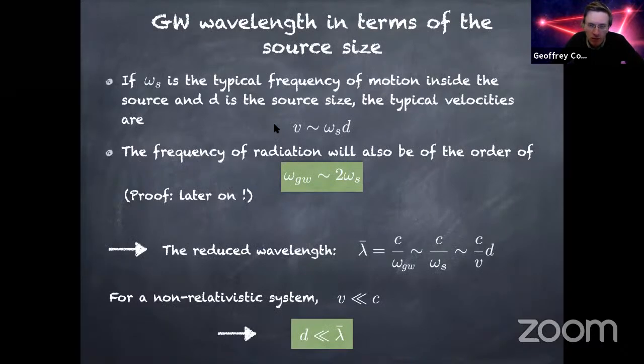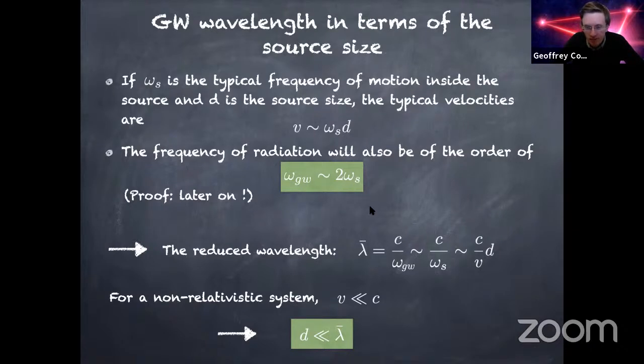Another length scale of importance is the gravitational wavelength. If you have a typical frequency of motion inside of the source, which is omega s, and d is the source size, then the typical velocities are the frequency times the typical length of the system. And something that we will derive later on, but I ask you to trust me now, is that the frequency of the gravitational wave is roughly 2 times the frequency of the source.